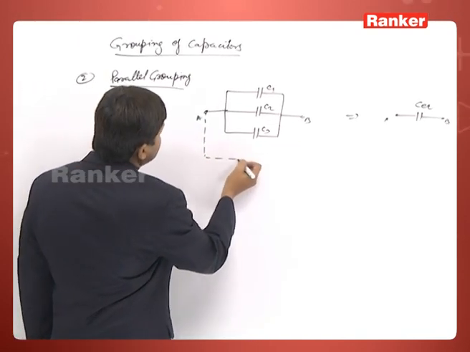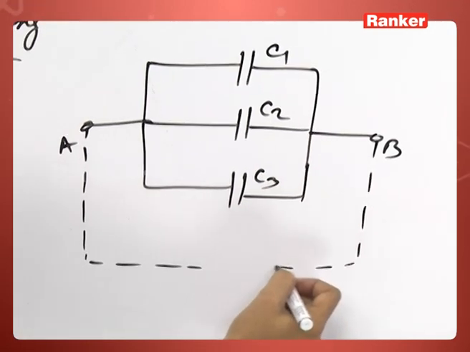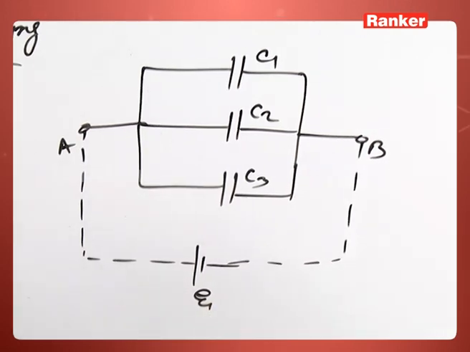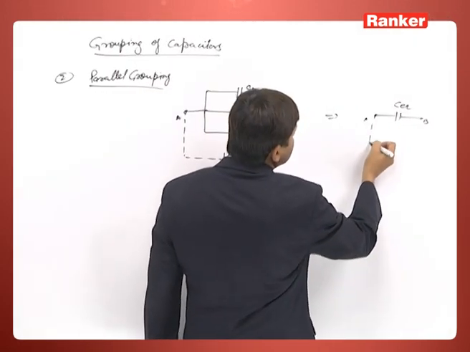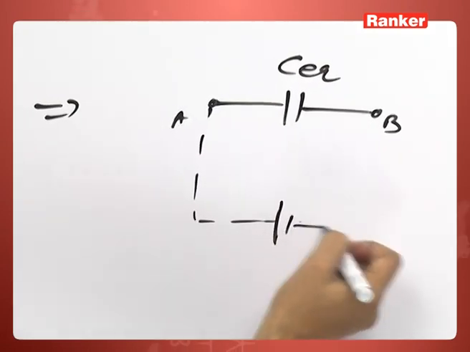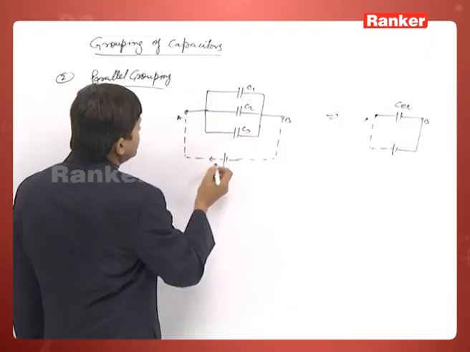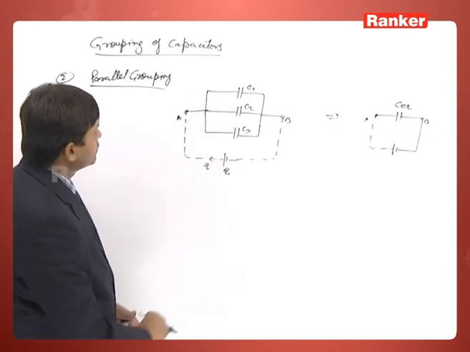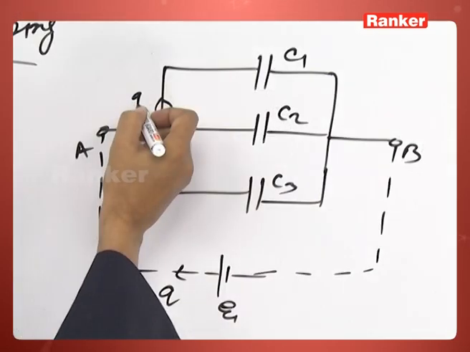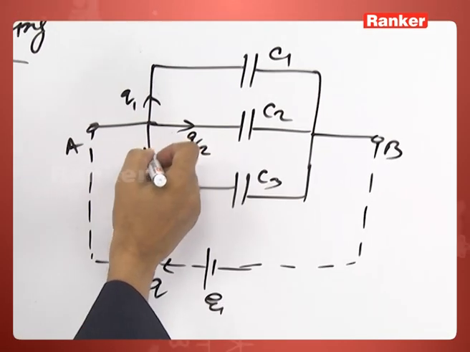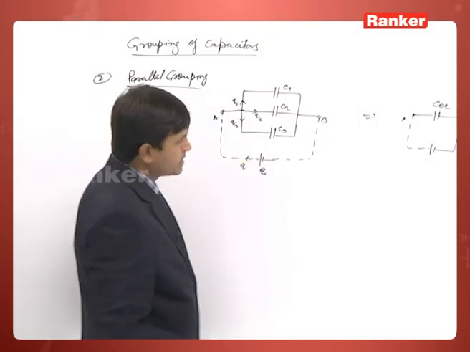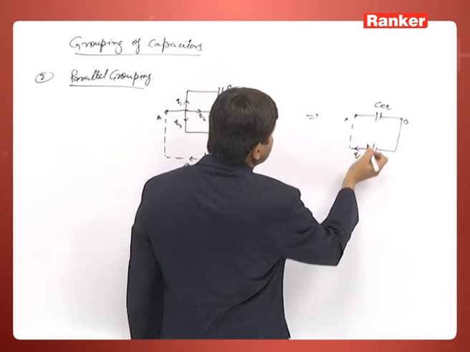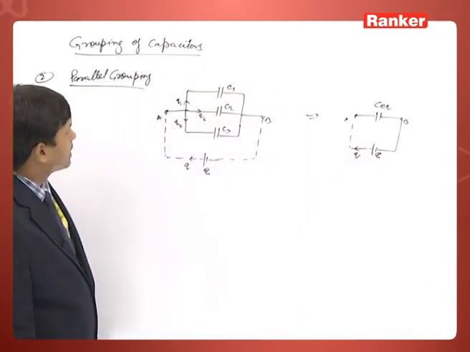It means if I am connecting the terminals of the capacitors with a source of EMF E, similarly here also a source of EMF E, and the source of EMF is delivering charge Q, which further divides into 3 parts, then in the effective circuit here also the charge should be Q. This is the meaning of this.